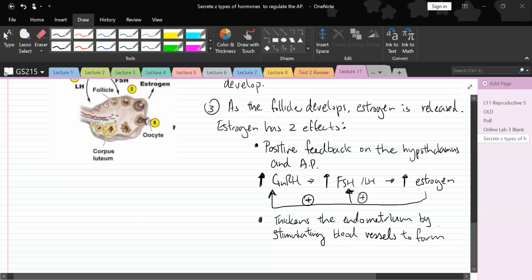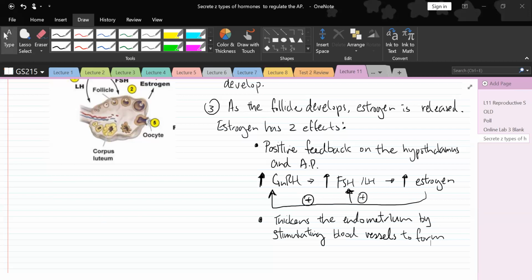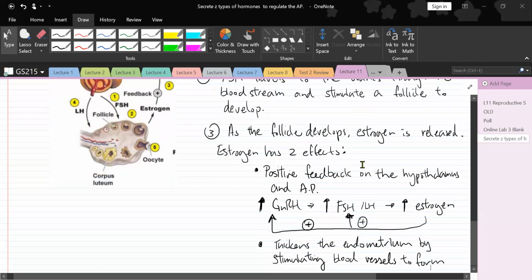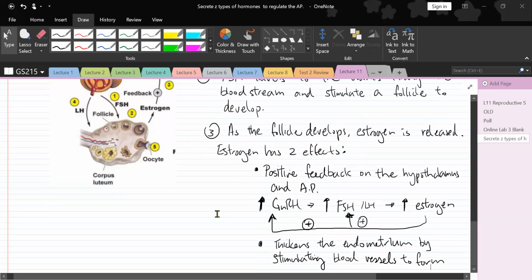So that is that so far. And everything here is part of the follicular phase. That's step number 3.